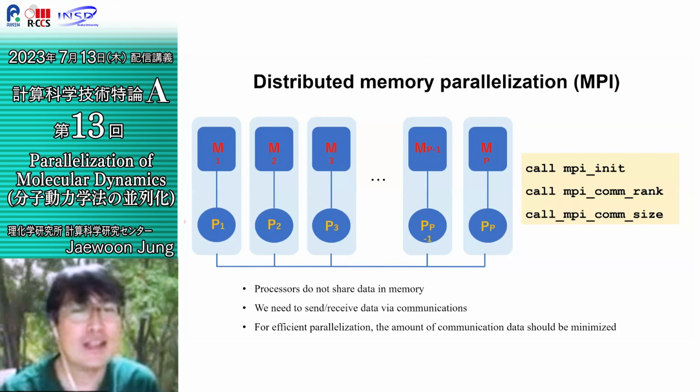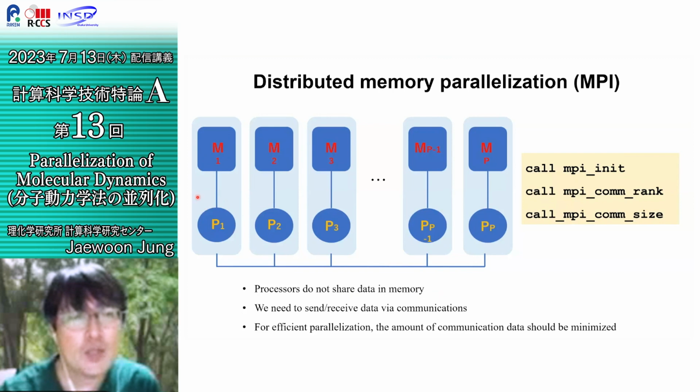Each processor has different memory. So if processor 1 writes something to memory, the other processor cannot access this memory, because the memory is not shared.